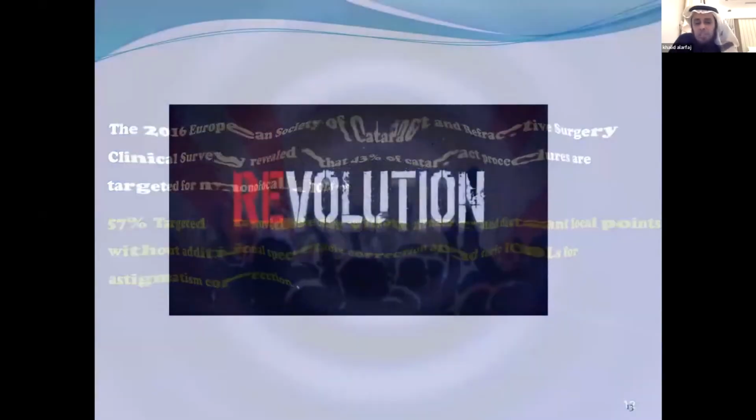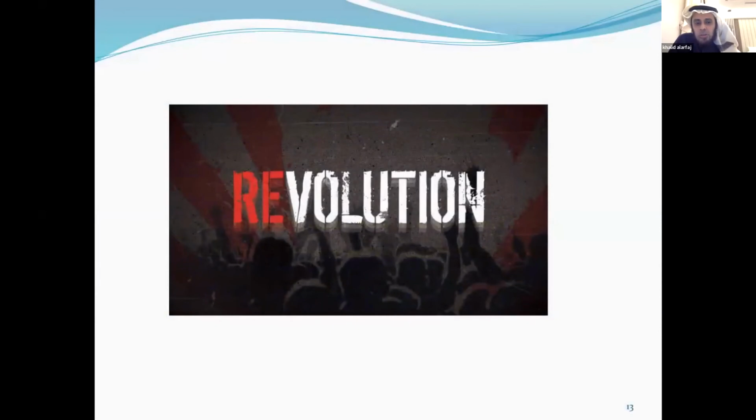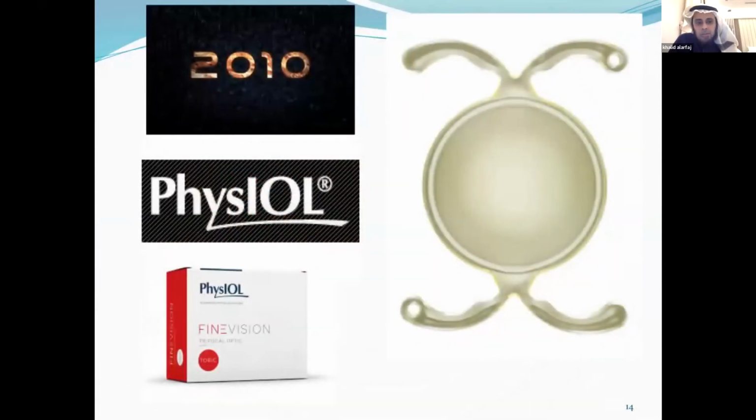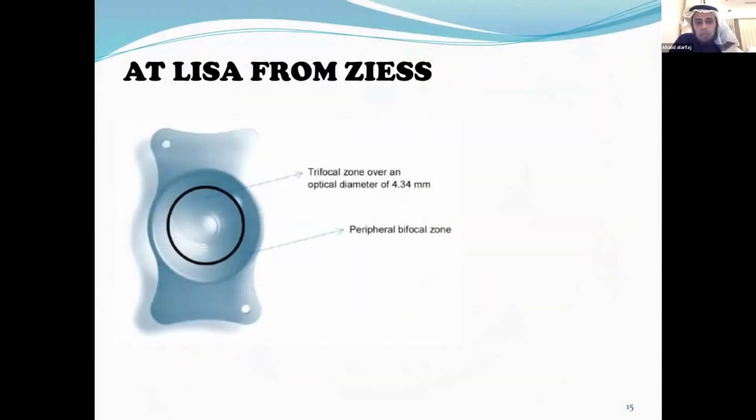We are actually witnessing a revolution in intraocular lenses, and one of the very premium lenses introduced in the market was the Visual in 2010, and in 2013 and 14 the Atlisa was introduced with successful results.